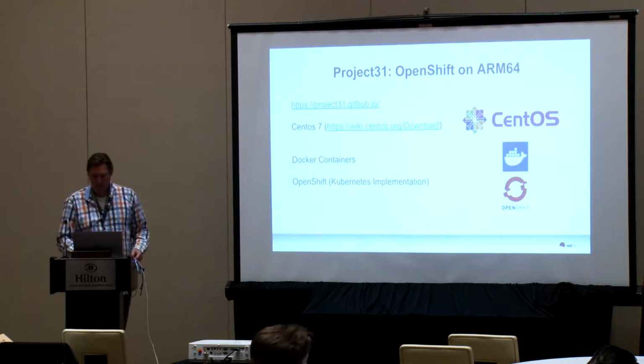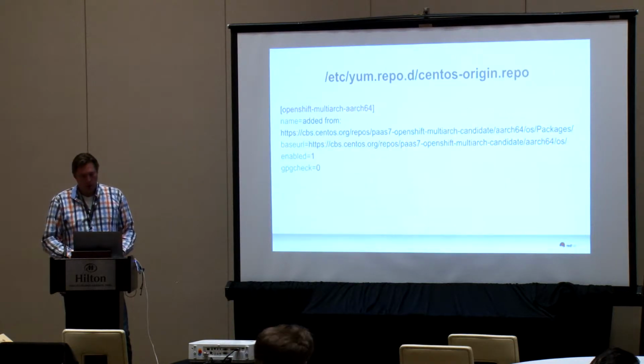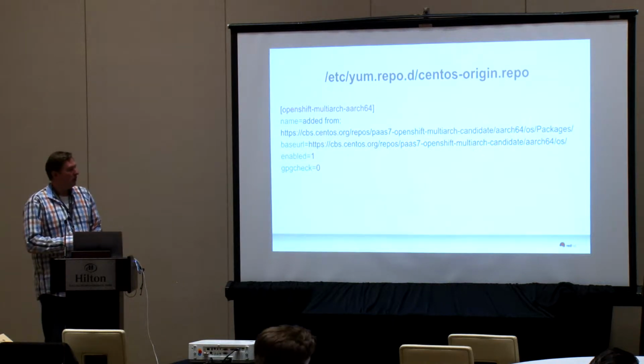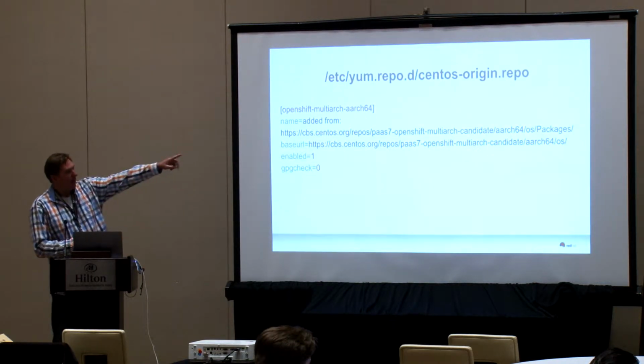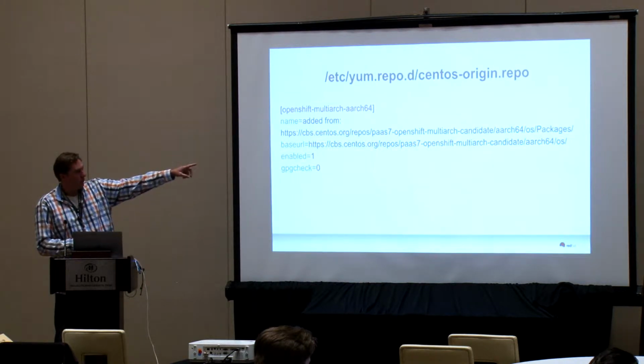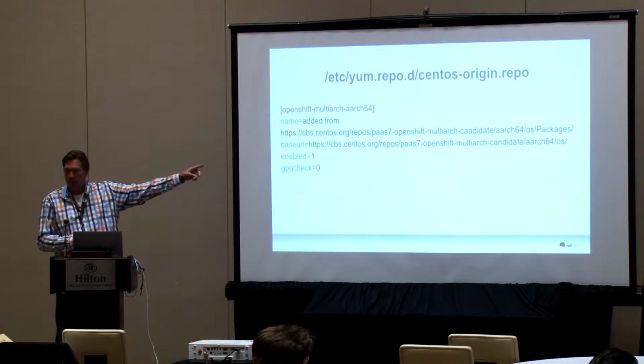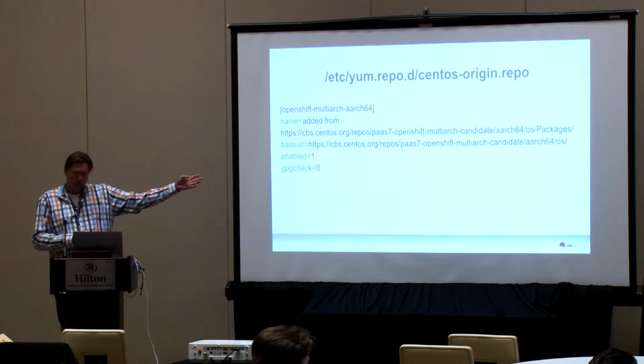So all you have to do is, once you have the base ARM64 CentOS 7 board running, you add another repository that points to the alternative architectures that are not publicized at the moment, because we don't want to support ARM64 as a company right now, but we do make it, and we publish it.